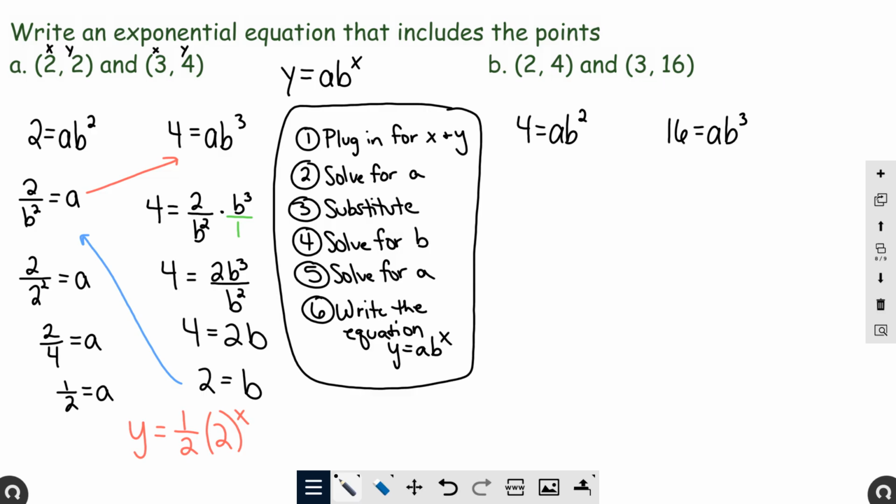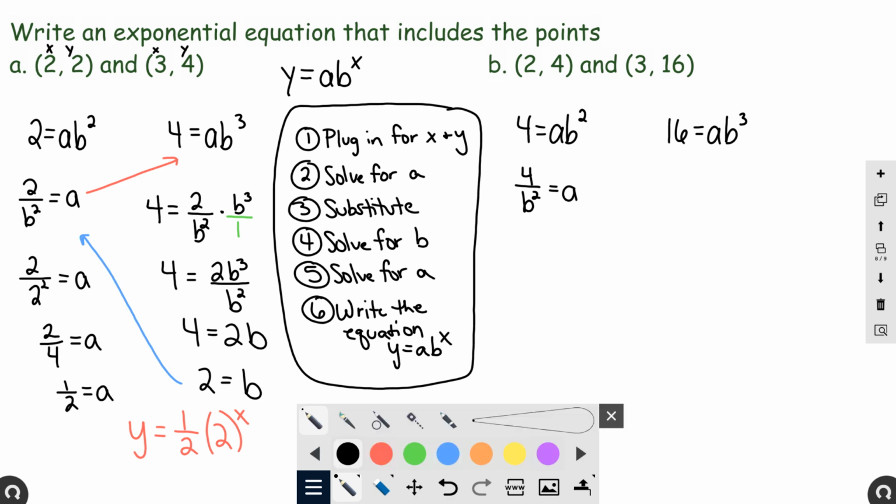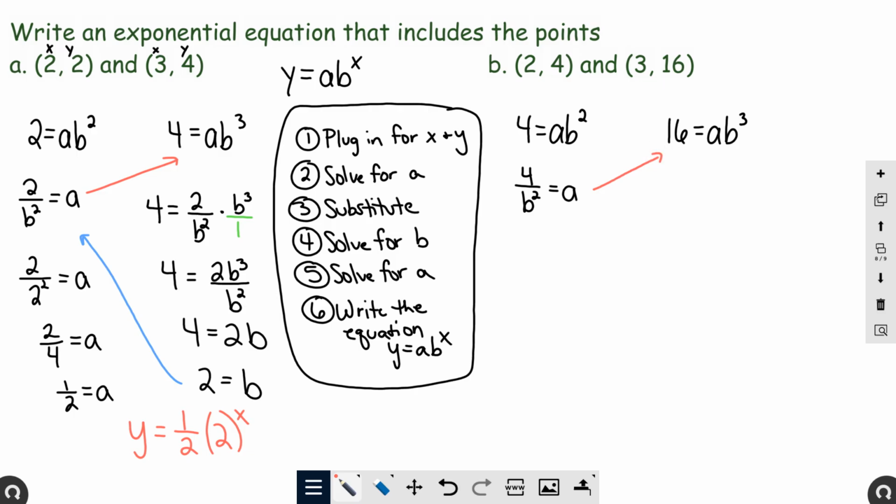Now what's the next step? Solve for a. So let's just solve this first one for a. What would you do to get a by itself? So 4 over b to the second equals a. We just divide by b to the second, get a by itself, and then we plug it into the other equation.